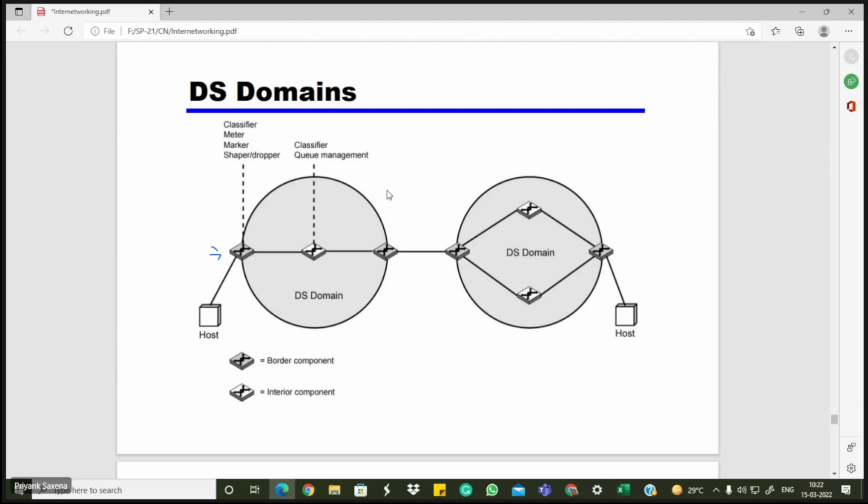Agreed quality of service means what you have agreed in the service level agreement. Whatever is stated in the service level agreement, that quality should be provided to the customer as long as the agreement is not violated by the customer, right?